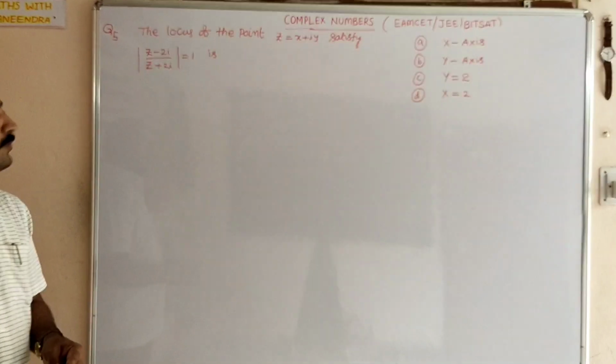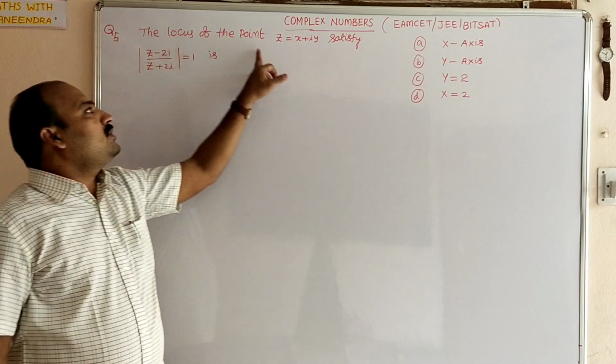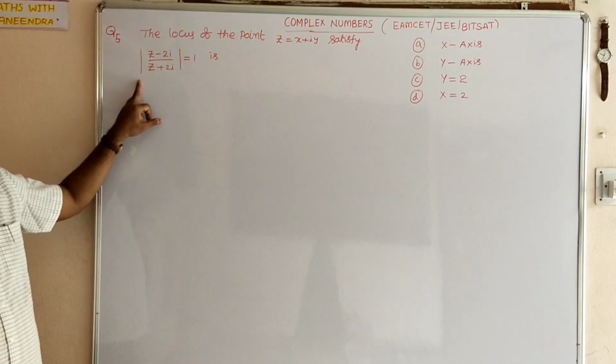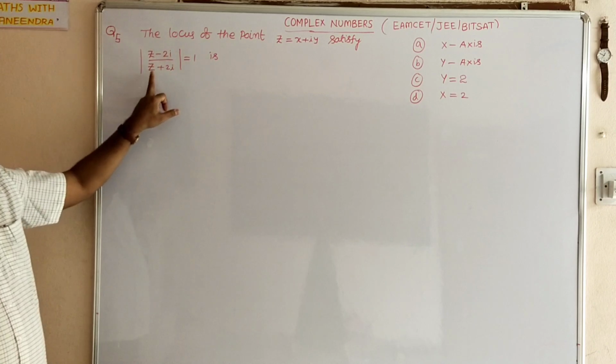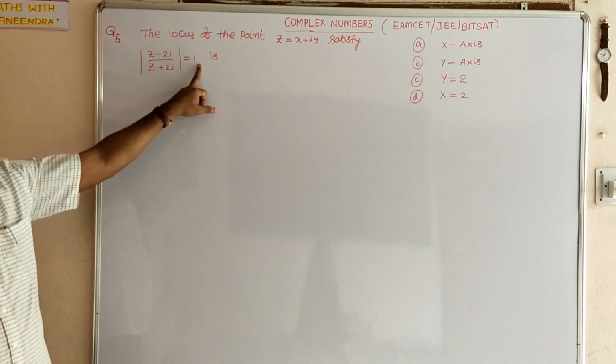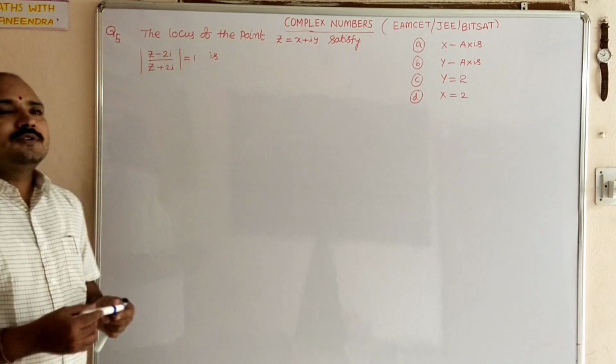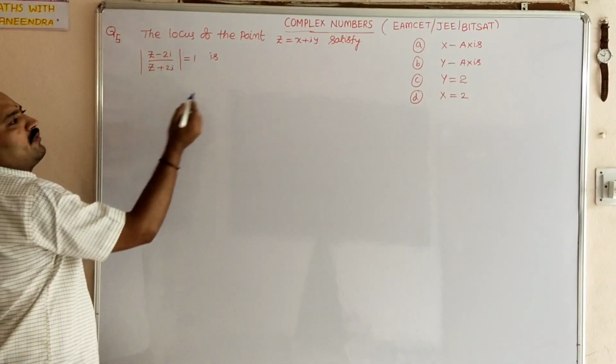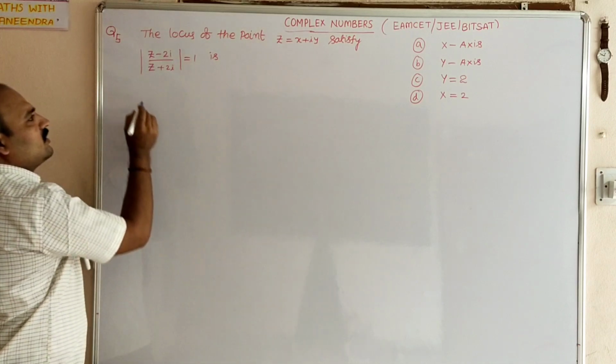The next question. The locus of the point z equal to x plus iy satisfying mod (z minus 2i) by (z plus 2i) equal to 1 is, see here, given condition is mod (z minus 2i) by (z plus 2i) equal to 1, where z is obviously x plus iy.